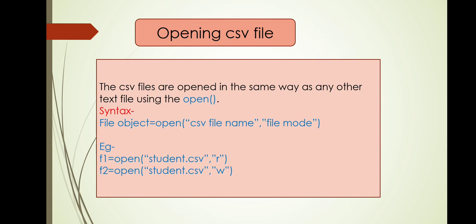That means r for reading, w for writing, a for appending. All the modes of the text file are usable in the CSV file. Let's see the example. I have taken the file object name as f1 is equal to open, the file name is student.csv and the mode is r. That means I am opening this file in reading mode. In the same way, the next example says f2 is equal to open student.csv, w. Now I am opening the file student.csv in writing mode.